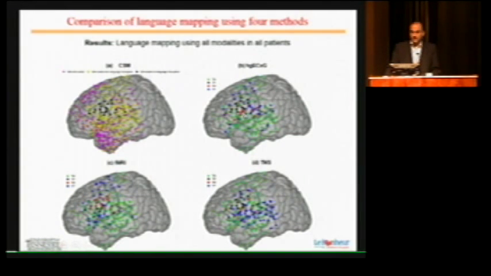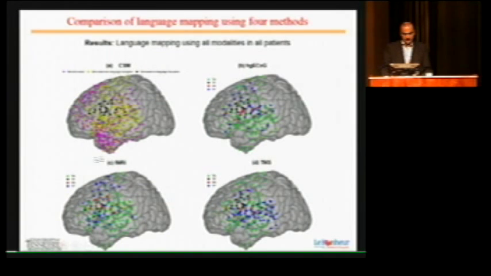However, they were not identified as a language area by high gamma ECoG. And the blue ones are the false positives. These electrodes show significant enhancement of the high gamma during the language task, but stimulation of those did not generate any speech arrest in those patients. And the green ones are the true negatives, meaning those are the electrodes showing no language effect in both high gamma and CSM.